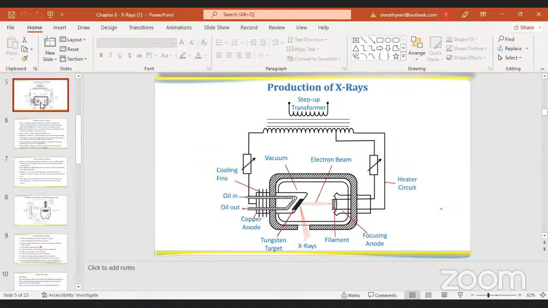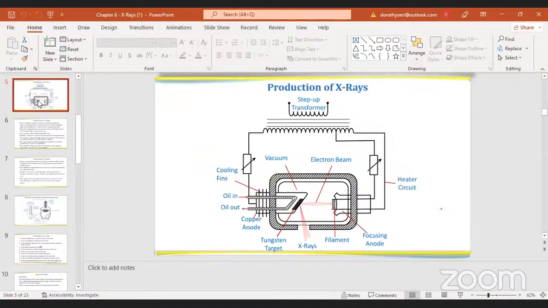The electrons might not arrive at the target, or they will lose energy and not arrive. And remember, we need the electrons to arrive at the target so that X-rays are produced. So the tube must be a vacuum so that there is no collision with any other particles, which can lead to the electrons losing kinetic energy.